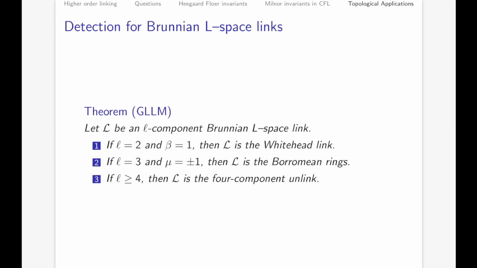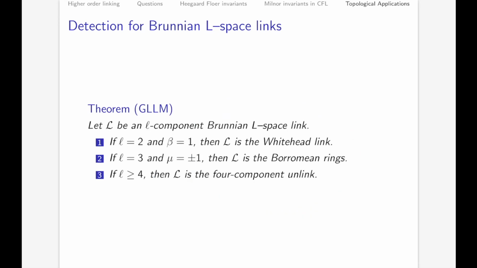If your link has 3 components and the triple linking number is plus or minus 1, it has to be the Borromean rings. This is all under the assumption of being Brunnian in L-space, by the way. And if your link has greater than or equal to 4 components, then it has to be the 4-component unlink. These are essentially the only kinds of Brunnian L-space links, or at least the only Brunnian L-space links that have Sato-Levine or triple linking number equal to 1.